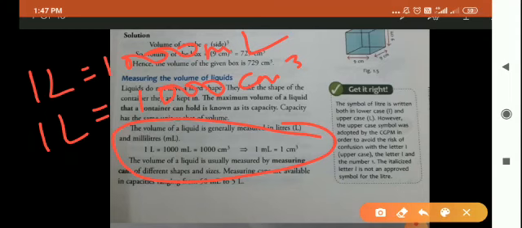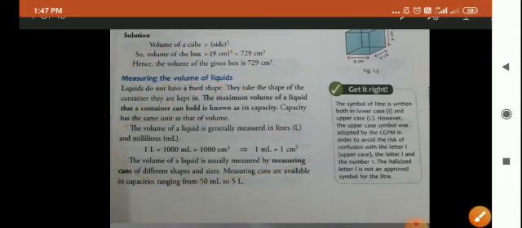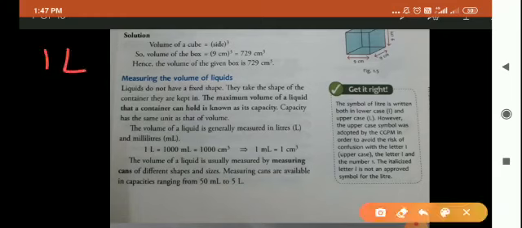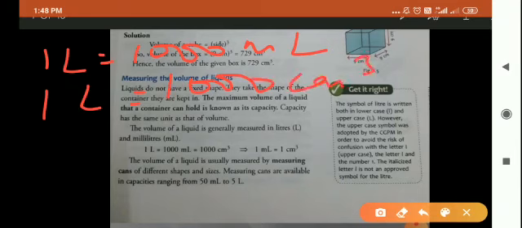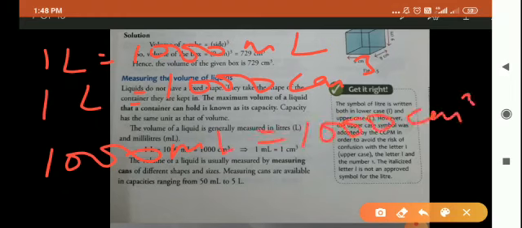So children, can I write that if 1 liter is equals to 1000 ml and 1 liter is also equals to 1000 cubic centimeter, then can I write like this, that 1000 ml will also be equals to 1000 cubic centimeter?